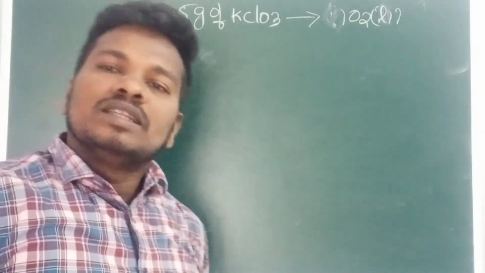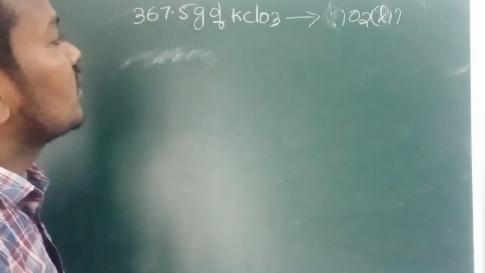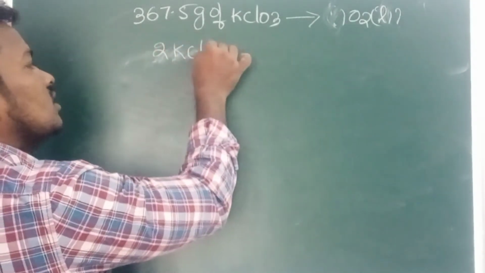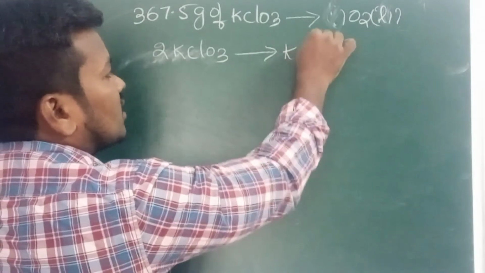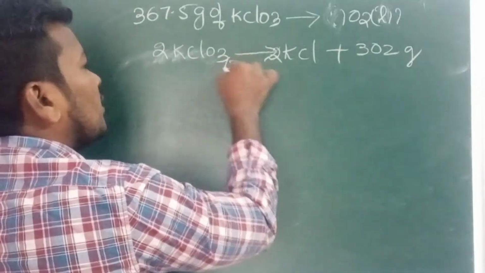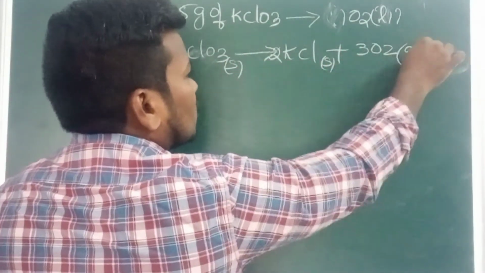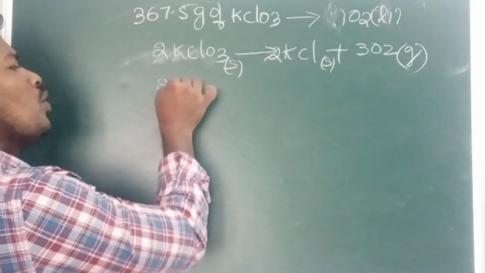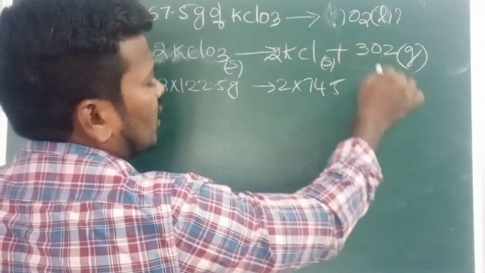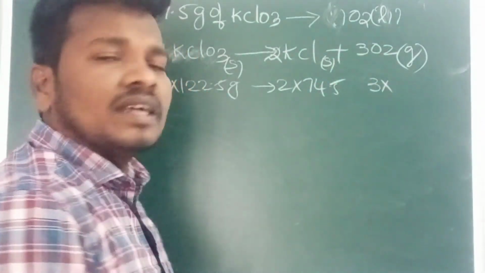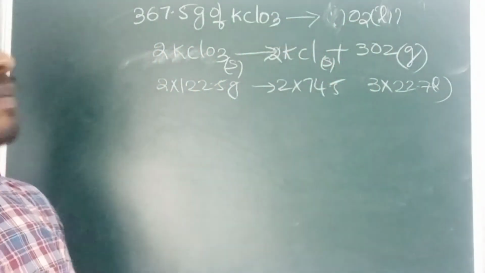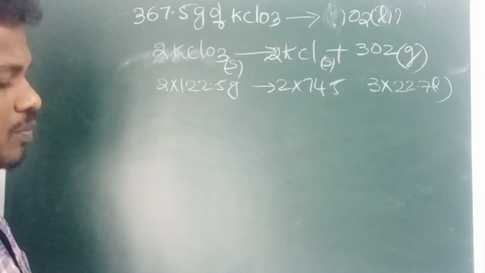Here the molecular mass 122.5 is already given. Same as before, write the equation: 2 KClO3 gives rise to 2 KCl plus 3 O2. Solid, solid, gas. We want the gas. 2 into 122.5 grams gives rise to 2 into 74.5, and 3 into not 32 but 3 into 22.7 liters, because they are asking about the volume at STP, of course.